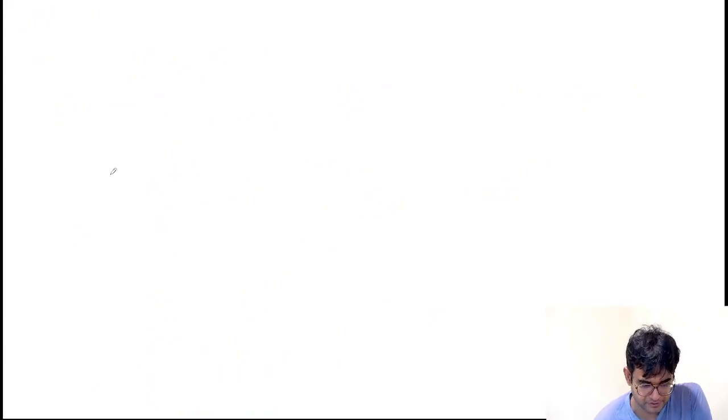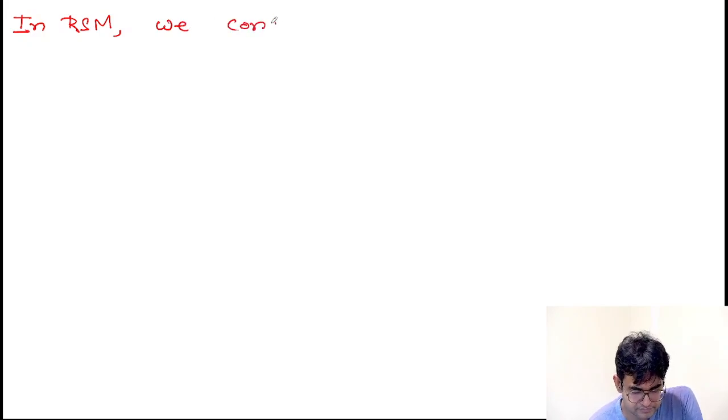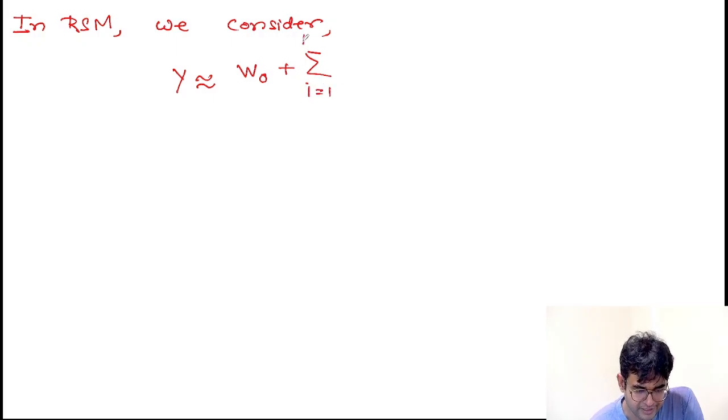So in response surface method, RSM, we model y to be approximately equal to, because it will not be exact, w0 plus summation i equal to 1 to NB of wi psi i of x.